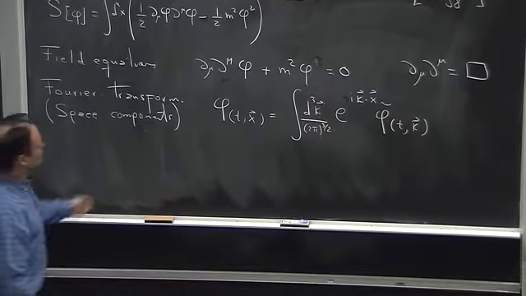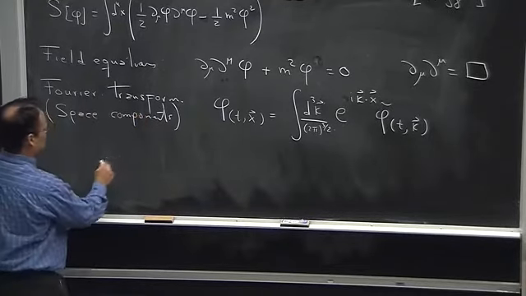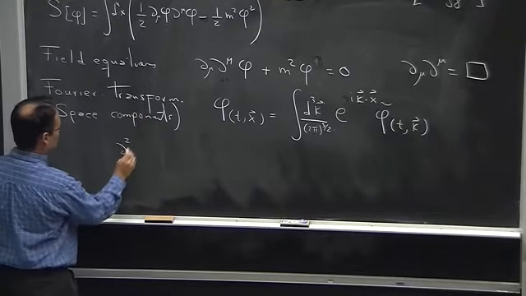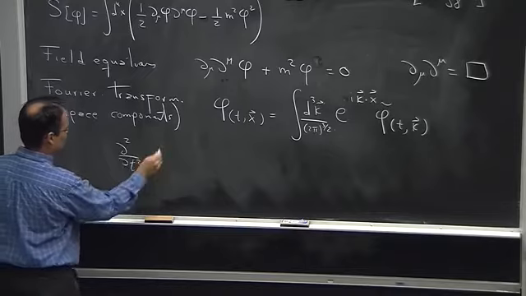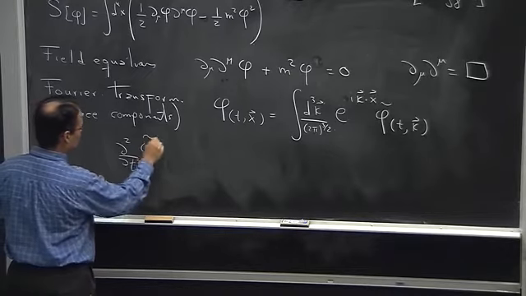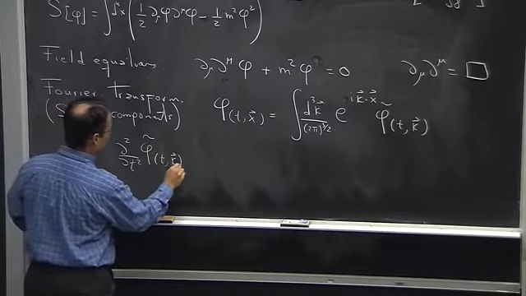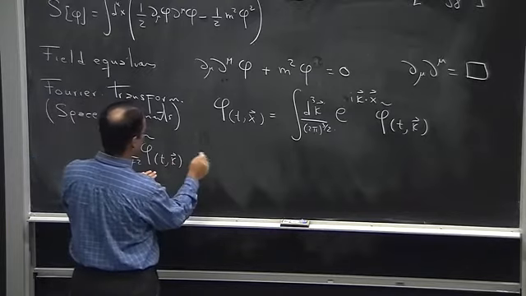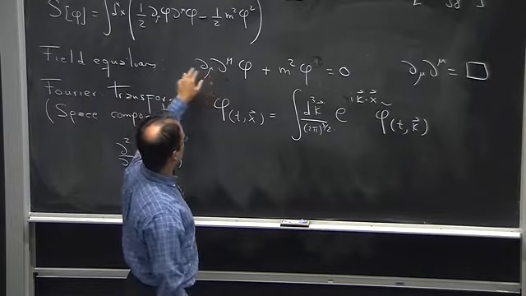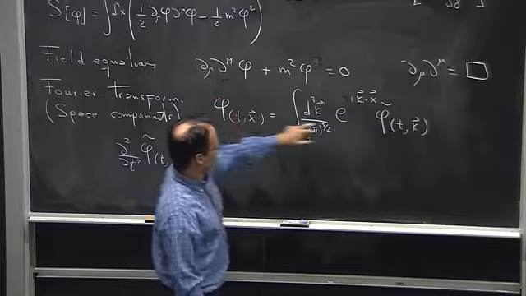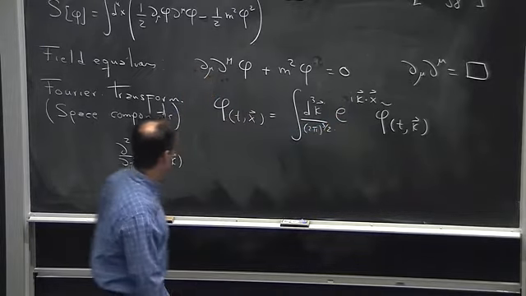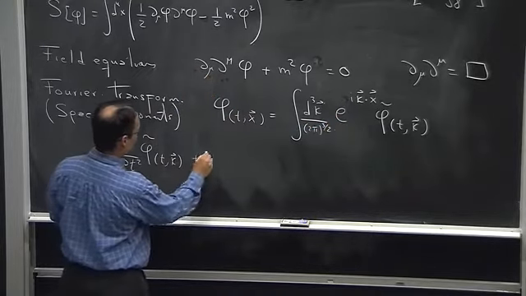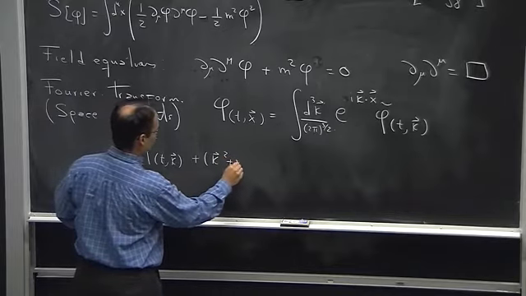When you plug this into this equation, the equation becomes an equation of the form second derivative in time of our field phi tilde. And then we will get a minus sign from the metric, and we will get a minus sign from the i squared, and that gives us something that looks like this.